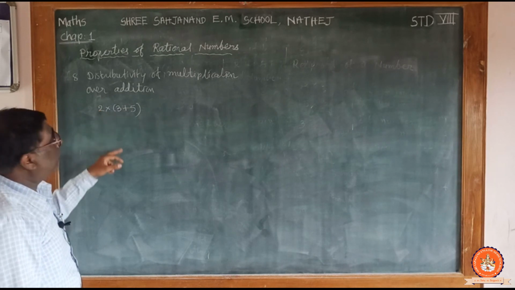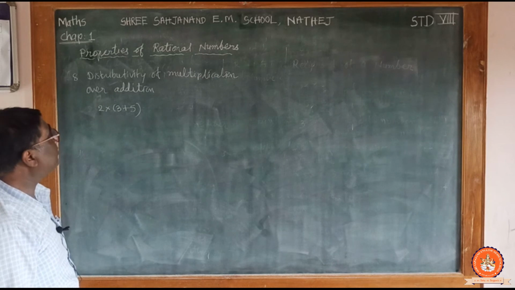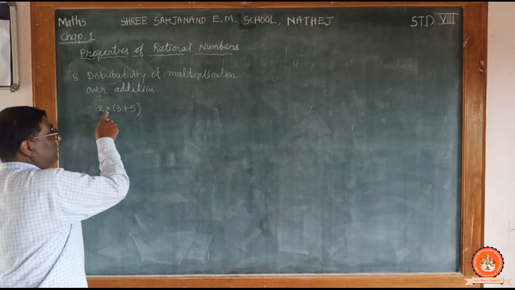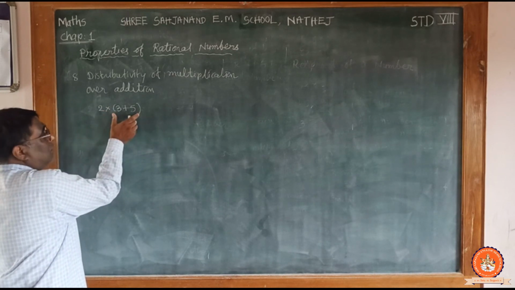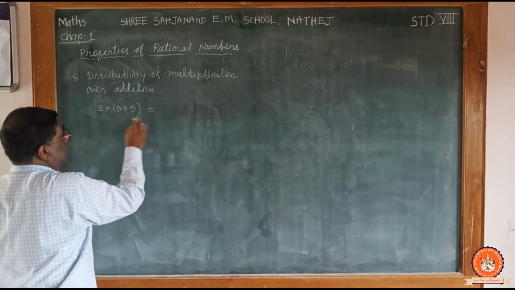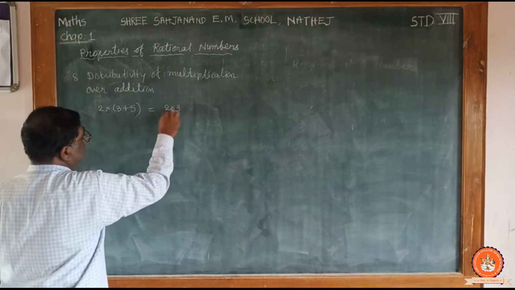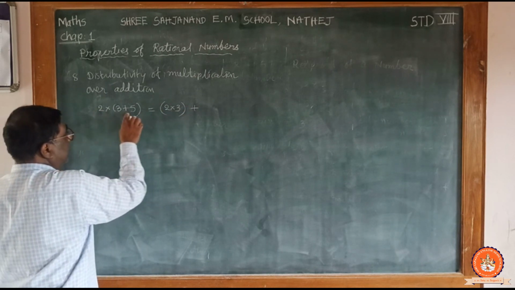But here we are going to use the distributivity property of multiplication over addition. Multiplication is outside the bracket and in the bracket there are two numbers having the addition operation. Now, 2 multiplied to 3 plus 2 multiplied to 5.